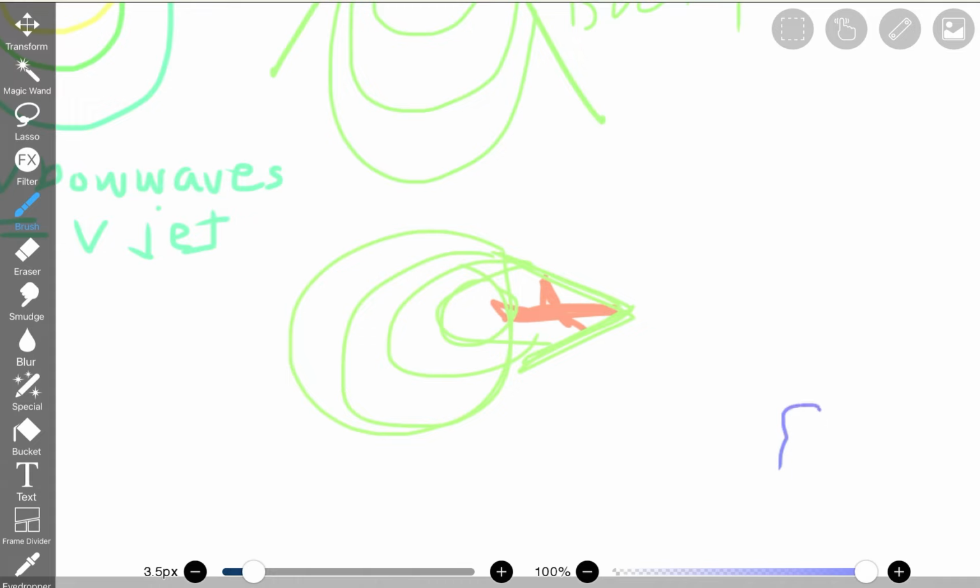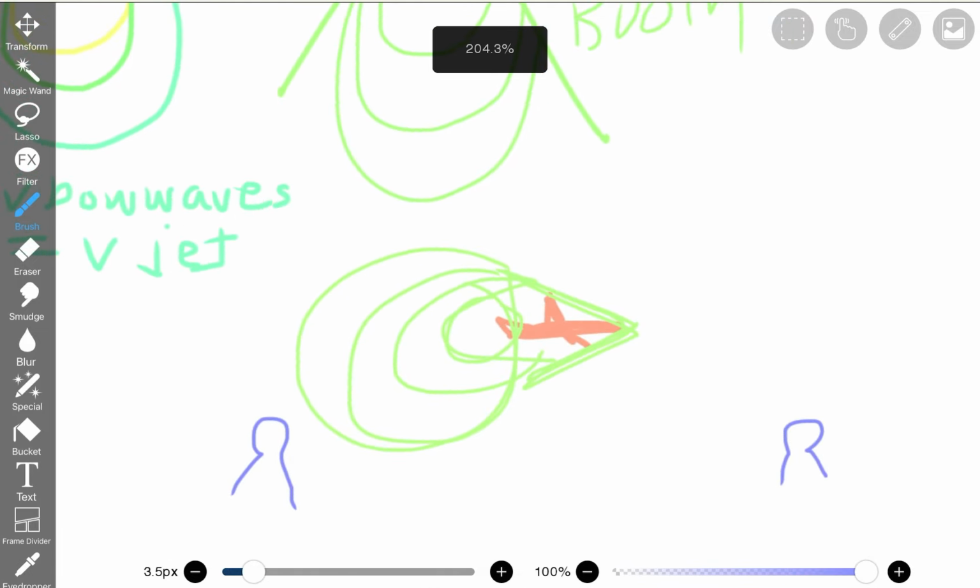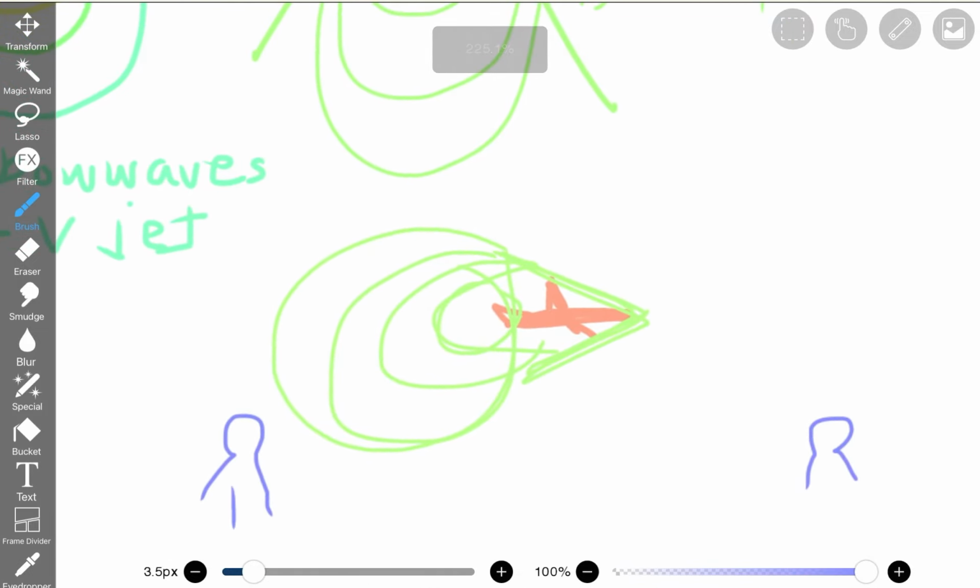You have one person here who has not yet reached the plane, and you got a person here who has already had the plane pass him. So individual 2 is not going to hear the plane until it passes her or him. And individual 1 is going to only hear the sound after the plane has passed him.